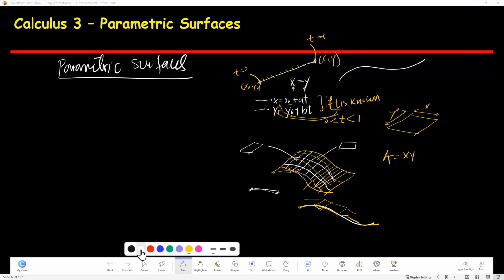Now if I take a little piece, this piece, I can call the two axes u and v, vertical and horizontal axes.